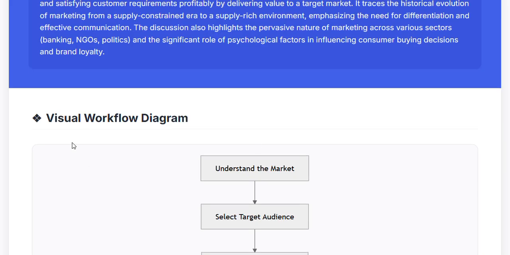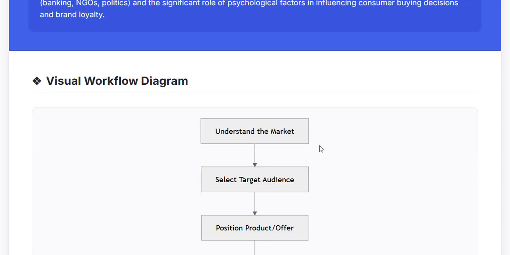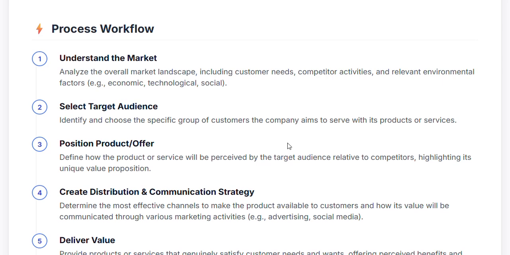So it is a visual workflow diagram related to marketing. It is a process flow.